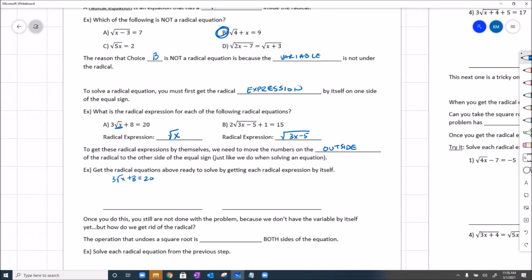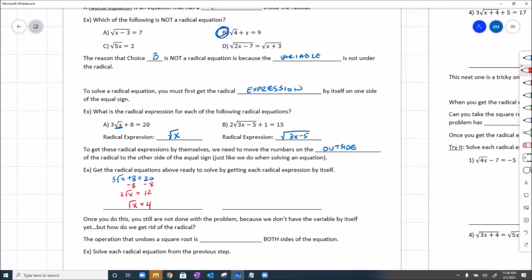What do we move first? First, we would subtract 8 from both sides. That would give us 3 radical x equals 12. Then what would we do? Well, 3 is still by radical x. It's multiplying, so we need to divide both sides by 3. So we get radical x equals 4.